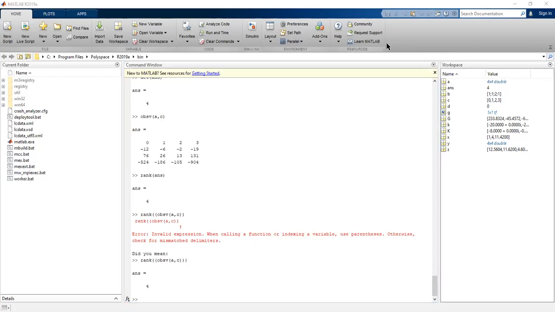Yeah, I think you're missing a bracket. Oh, did you mean? Okay, so it's 4. Oh, it's supposed to be 4.